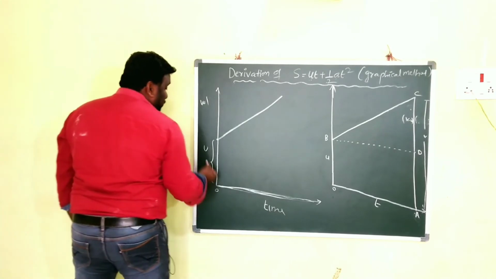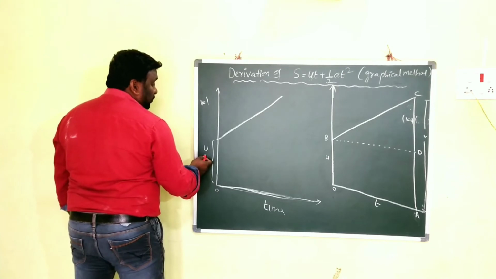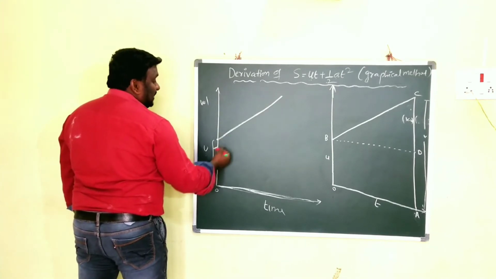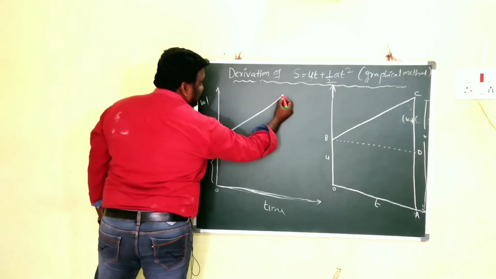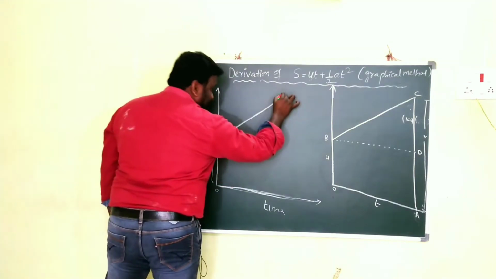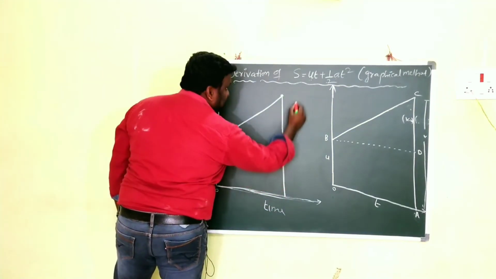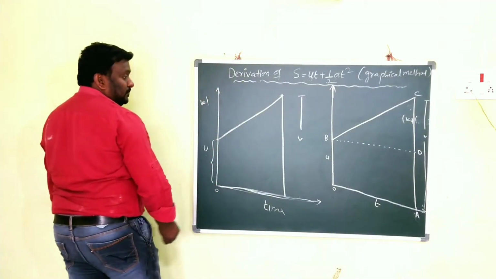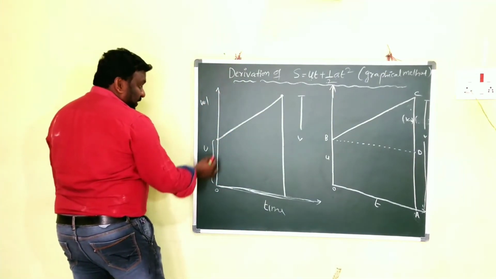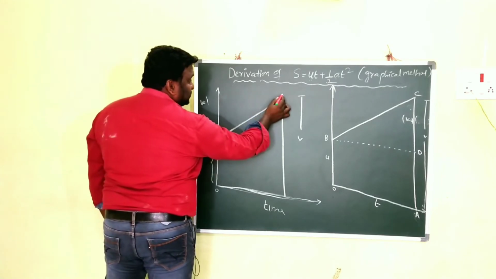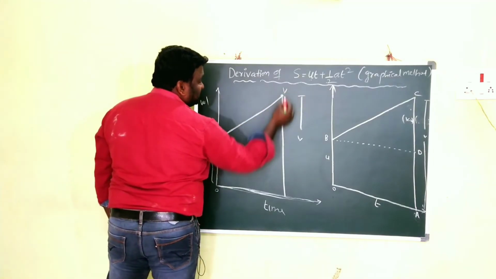Let us consider u is the initial velocity of the body at the start of its motion. After time t, the body is at this point, where the velocity is v. So at this point, the initial velocity is u, and at this point, the velocity is v.